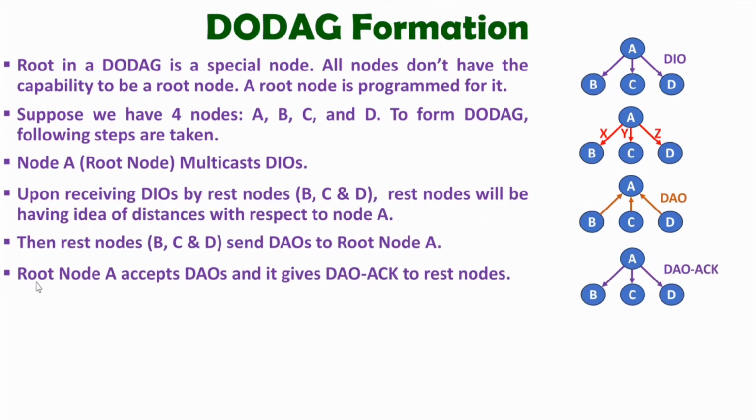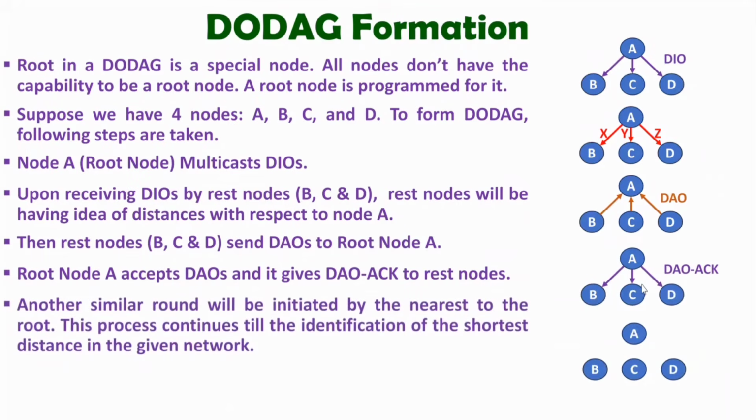Now you see root node A is accepting DAOs and it is giving acknowledgement to BCD. In this acknowledgement, A is saying, okay, now I have data with respect to B, C and D, right? And to have an exact idea about the complete routing table, now the same process gets initiated by other nodes.